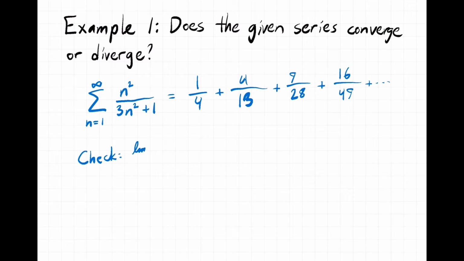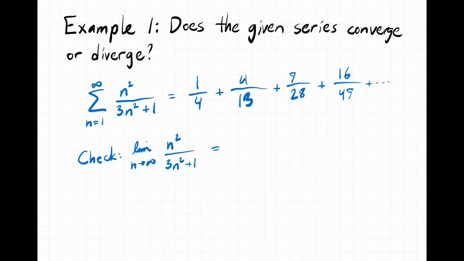The limit, as n goes to infinity, of n squared over 3n squared plus 1. And we can use all the tips and techniques and tools that we have for computing limits to help us solve this. So I'm looking at this, I'm seeing, well, if n's going to infinity, then the top is going to infinity.